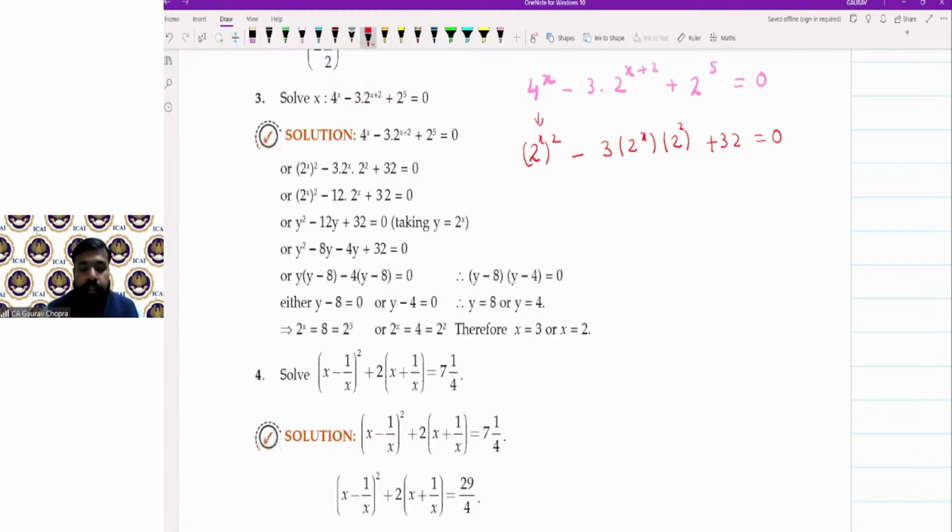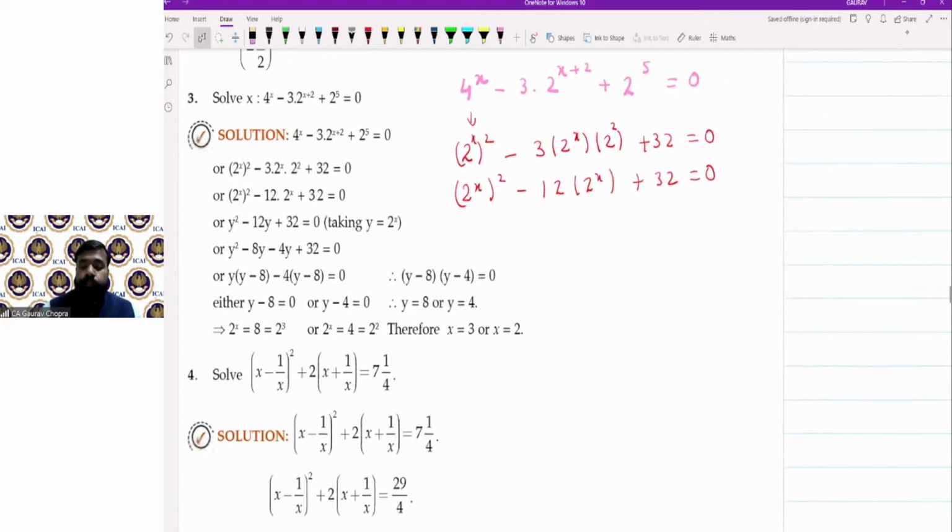So it can be written as 2 to the power of x whole square minus 4 into 3 is 12, 2 to the power of x plus 32 equal to 0.